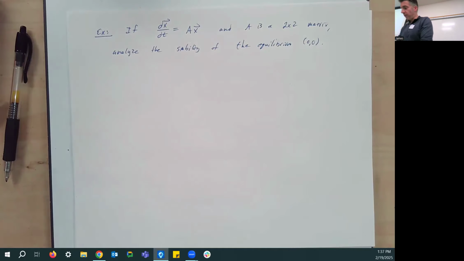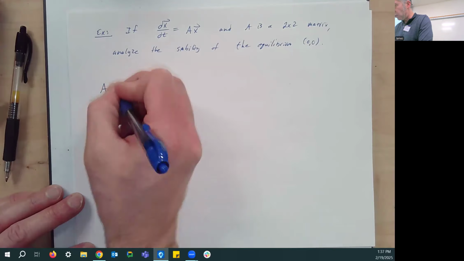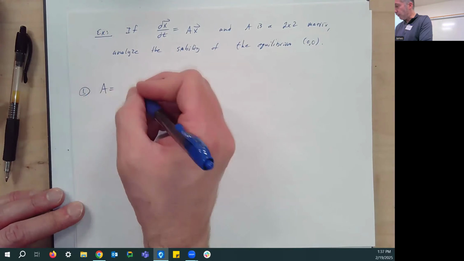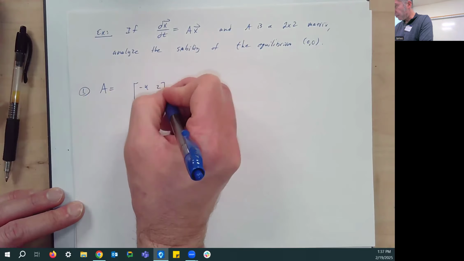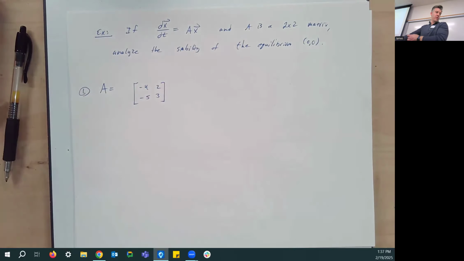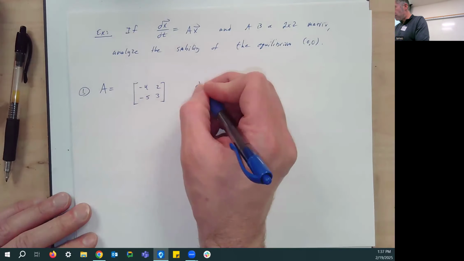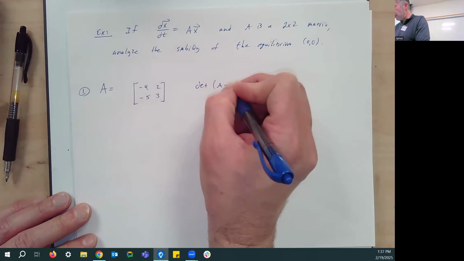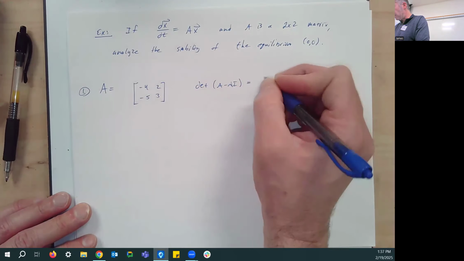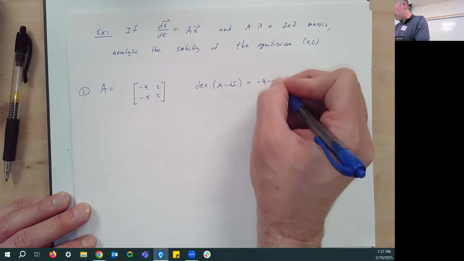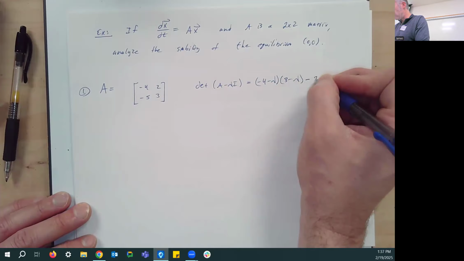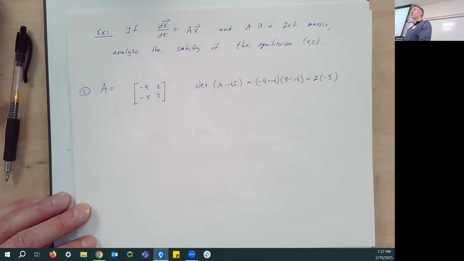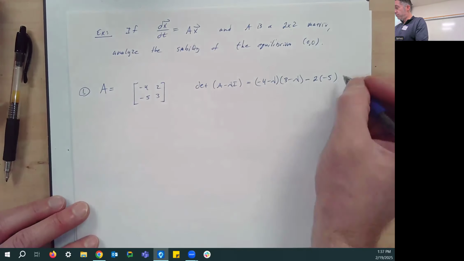So for example, if our matrix was A equal to [-4, 2; -5, 3], we could say pretty quickly, all right, the determinant of A minus lambda I is going to be (-4 minus lambda)(3 minus lambda) minus 2 times -5. Set that equal to 0 and solve.